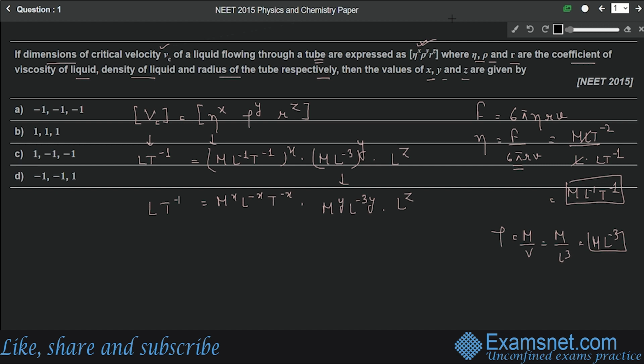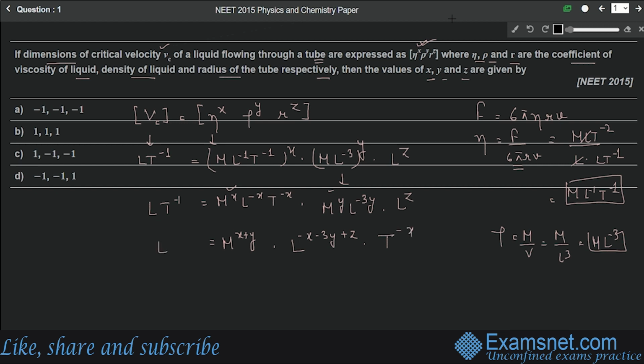M is 0 on the left hand side because there is no M. Now we can just compare the powers on left hand side and the right hand side, but before that let's find the total power on M on the right hand side. It is x plus y. So total power on M will be x plus y. Total power on L will be minus x minus 3y plus z. Right? And the total power on t is minus x only.